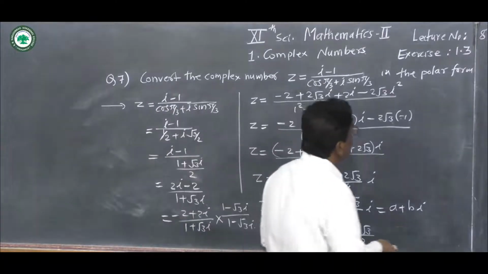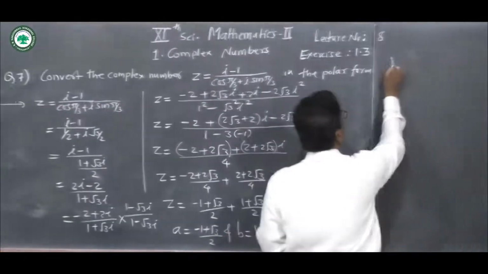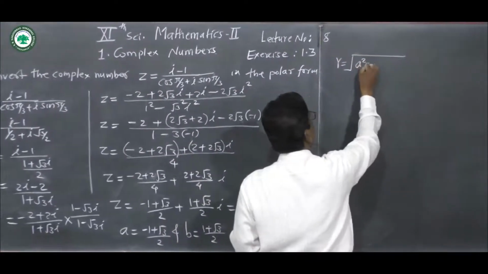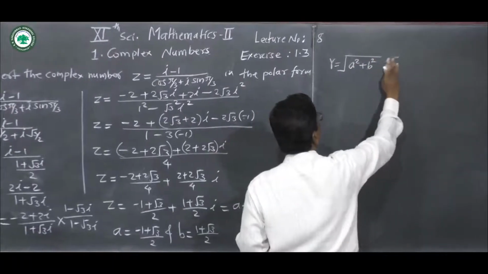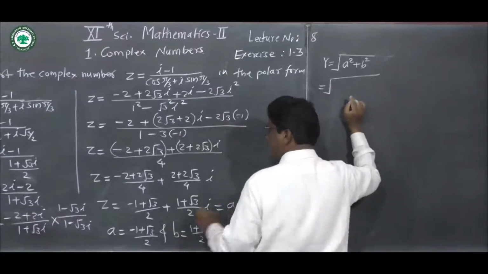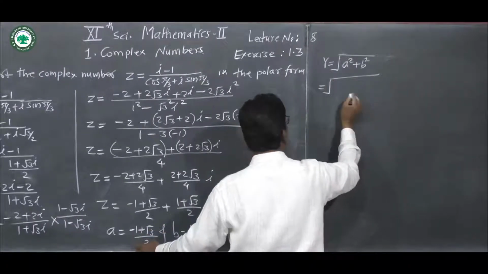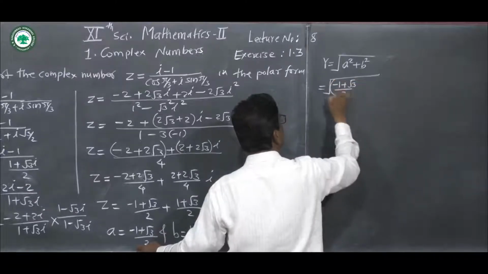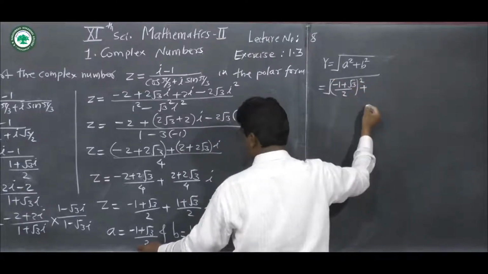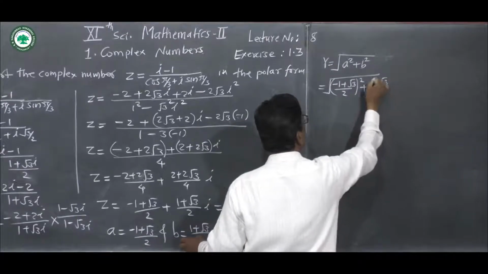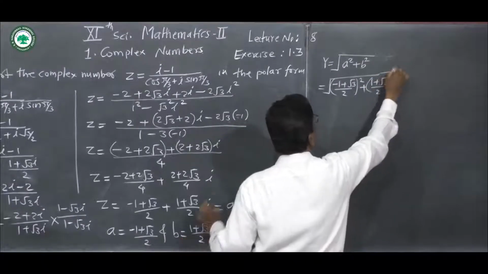So we find r. r is equal to under root of a square plus b square. Okay, so it is equal to under root of a is here minus 1 plus root 3 upon 2 bracket square, plus b is here 1 plus root 3 upon 2 bracket square, and we have to solve this.